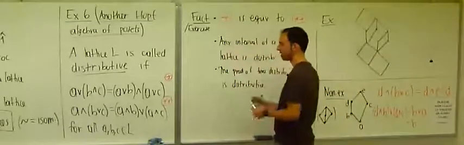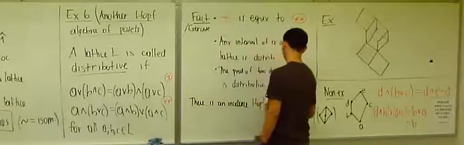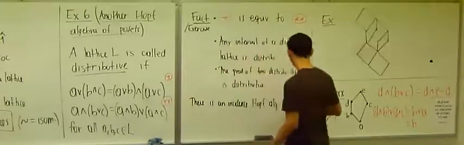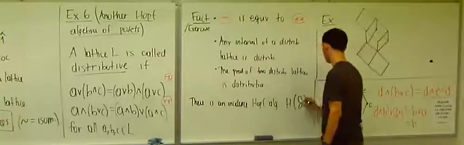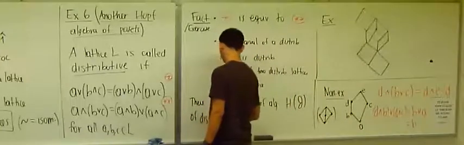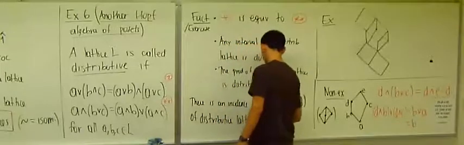And therefore, there is an incidence Hopf algebra, which maybe I will call H of j. You'll see why I call it j. There's an incidence Hopf algebra H of j of distributive lattices.